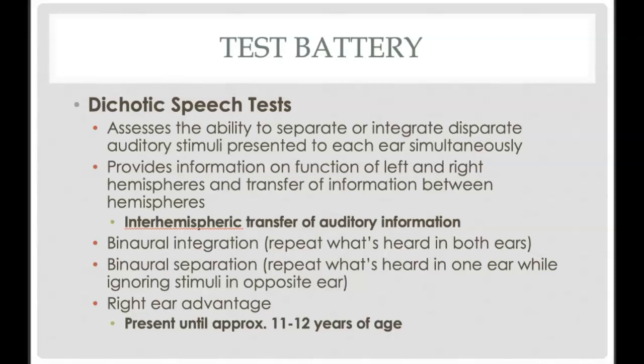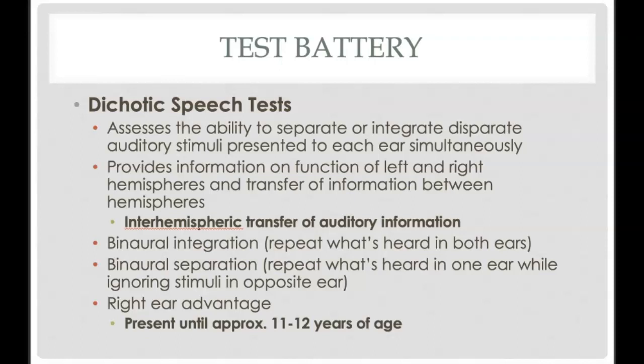And so there's something called a right ear advantage. So the auditory system works very strongly on contralateral pathways. So the information going from the right ear goes directly to the left hemisphere, and it's easy to process because that's the language processing center.